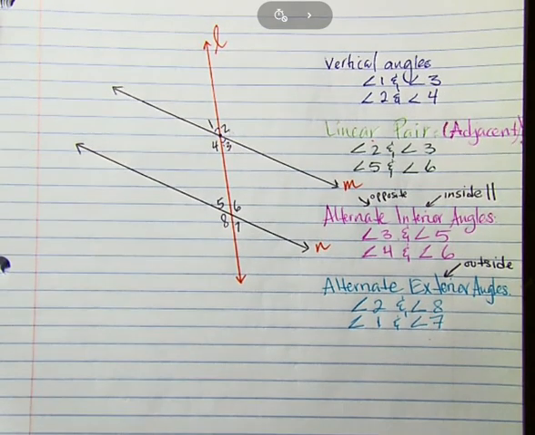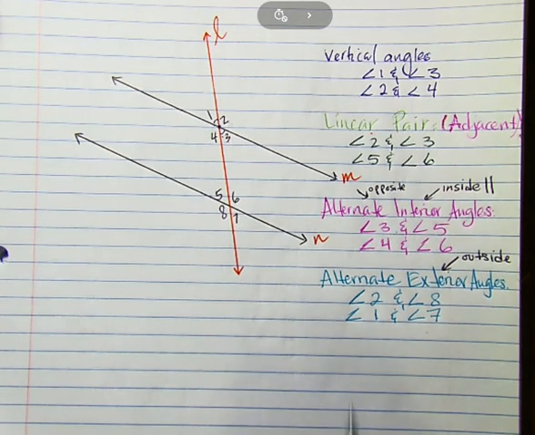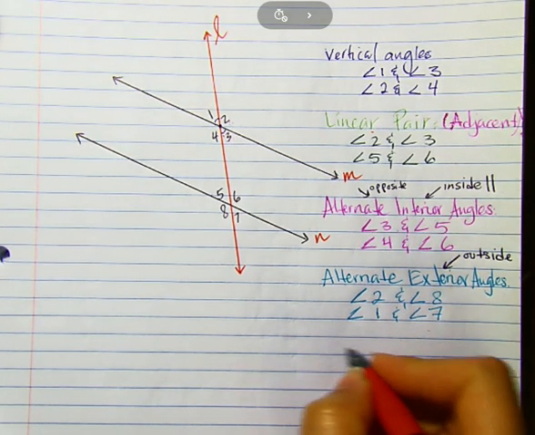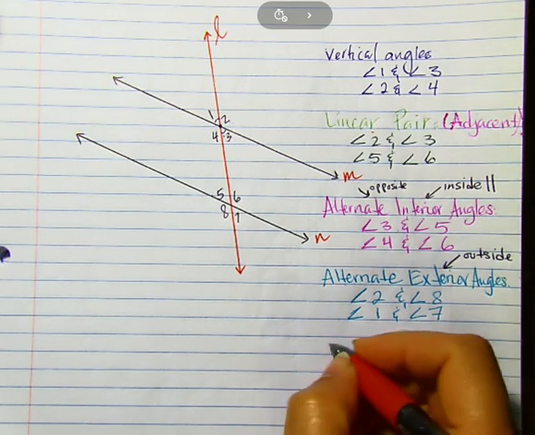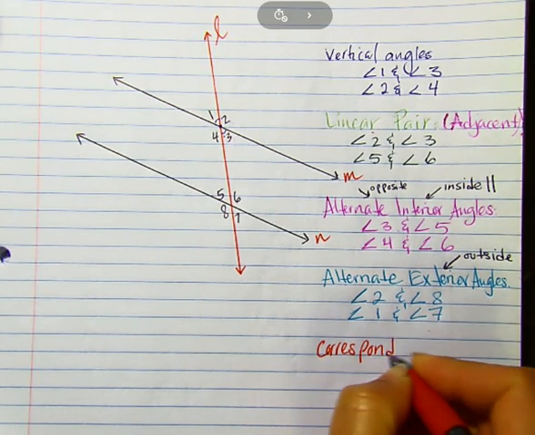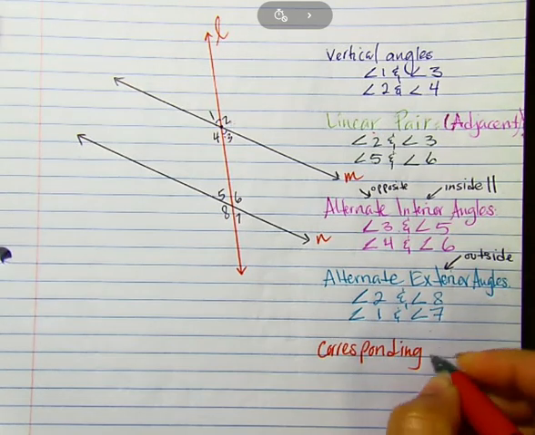Okay. Now we've identified a few of the different types. There's a couple more. There's angles that are called corresponding angles. Okay, so let's go ahead and identify corresponding angles.